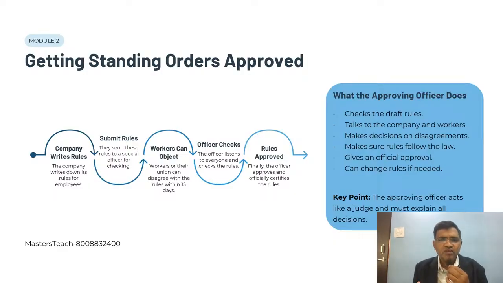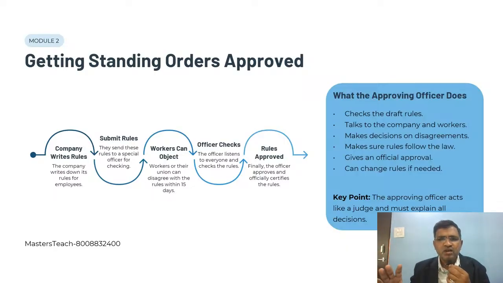Within 15 days of the rules being made, the officer checks. Then if modifications are made and everybody agrees, the rules are approved and become official rules, and the official certified rules will be pasted in the factory or in the office.